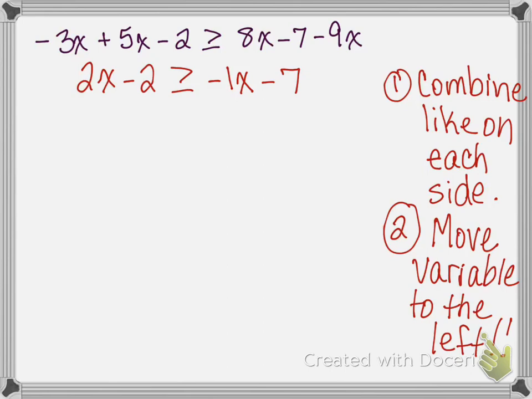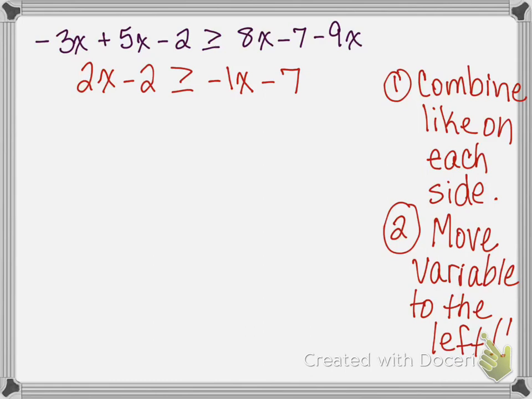The reason is because it makes graphing it and writing it in interval notation significantly easier. Because if you get your variable on the right-hand side, you can't just switch it like you would in an equation. You've got to switch it and you've got to reverse the sign.